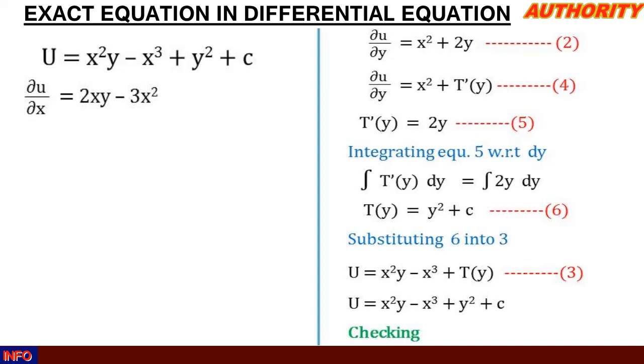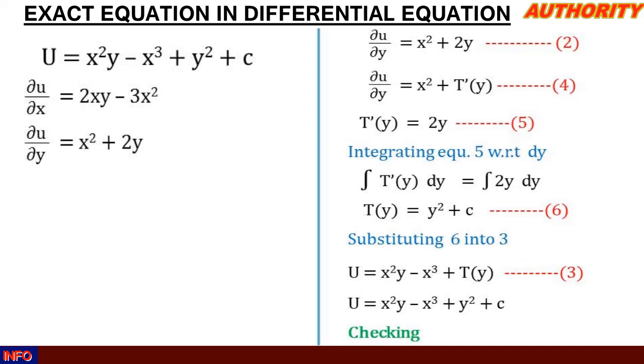And then let's go again, partially with respect to y. That means we are going to differentiate this x squared y partially with respect to y. What is it going to give us? It's going to give us x squared. Is that true? And then when we differentiate minus x cubed with respect to y, it is a constant, so it gives us 0.